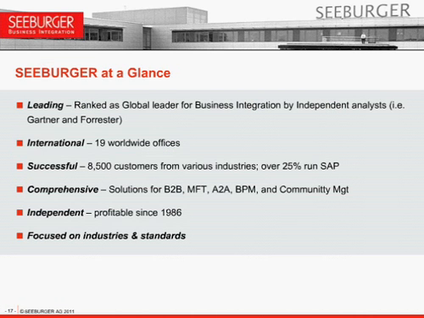So who is CBurger? Just very quickly, we are a leading B2B and MFT provider, ranked by Gartner, Forrester, and the leading analysts. We are a German company headquartered in Germany with our North American headquarters in Atlanta, Georgia. We have 19 worldwide offices, about 8,500 customers globally, of which about 2,500 are SAP shops.